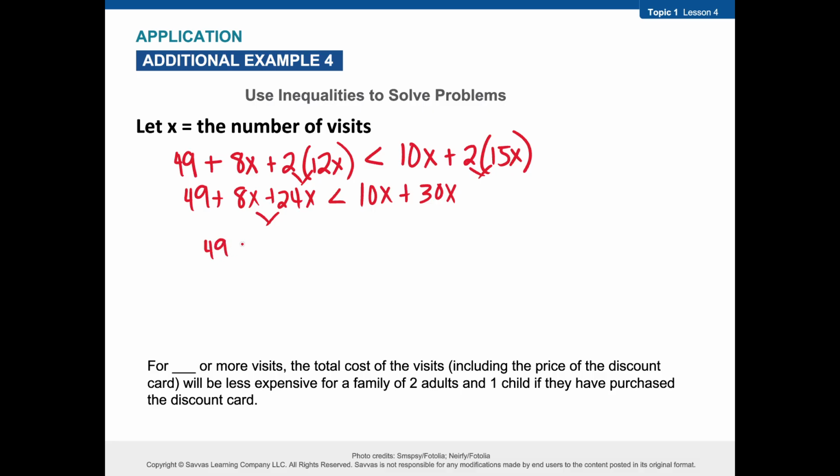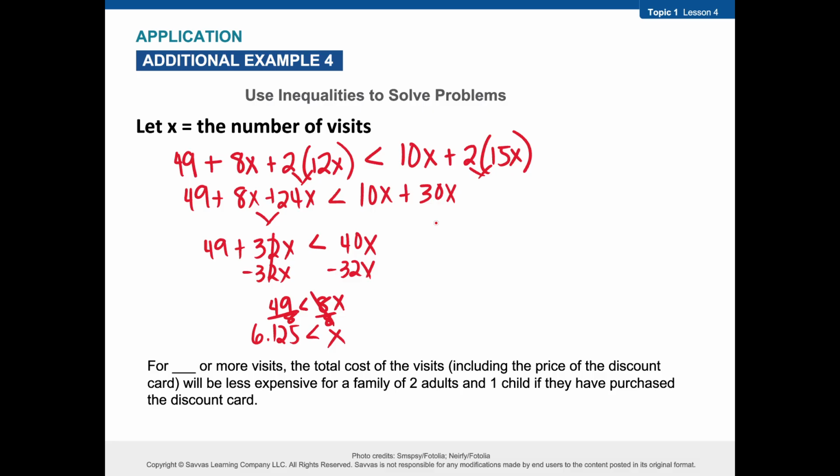My like terms, 32x, 40x, subtract 32x, 8x, and then 49 divided by 8, 6.125 is less than x. Again, it's a word problem.